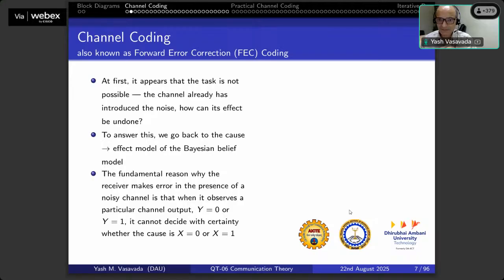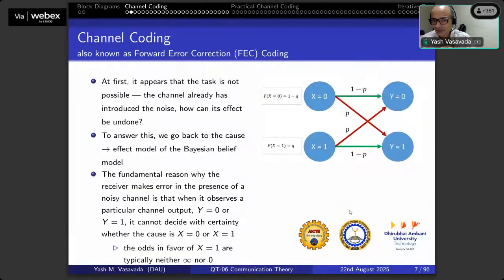If you look at the Bayesian model of information transmission, where we looked at the binary symmetric channel whose block diagram is shown over here, the reason why the receiver is having problems whenever the channel is noisy is because of these red colored cross connections whose weights are p, meaning that the bits get flipped with probability p, right?